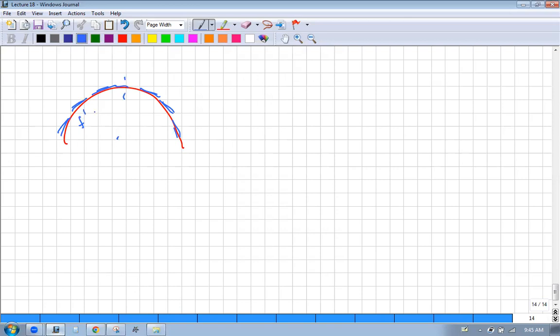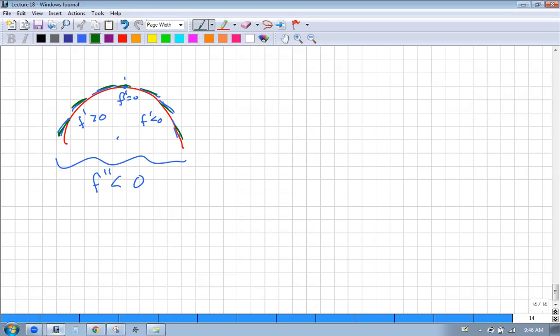Here, the first derivative is positive. Over here, the first derivative is negative. Right here, the first derivative is 0. But everywhere, the second derivative is negative, because the slope is decreasing everywhere. Does that make sense?